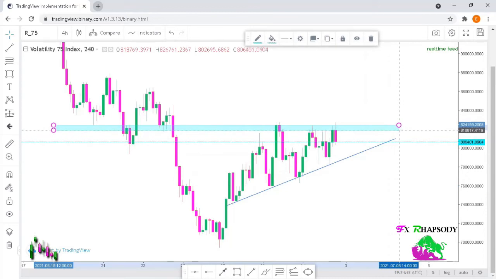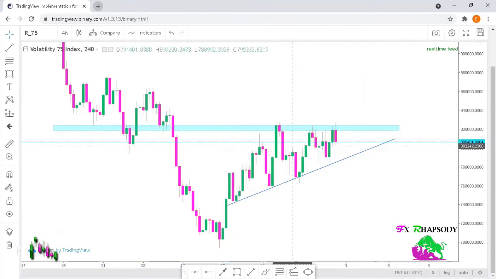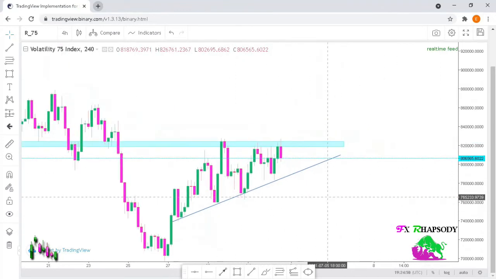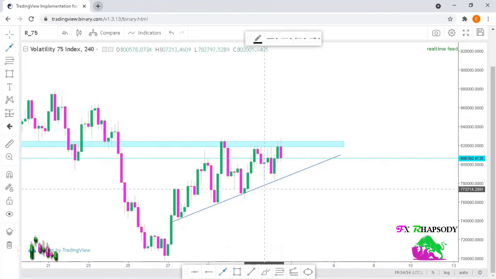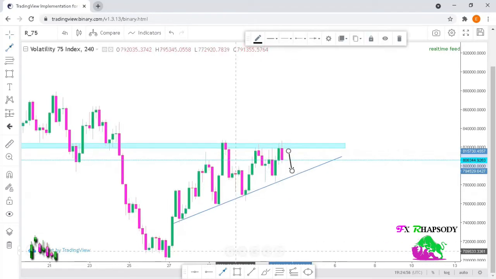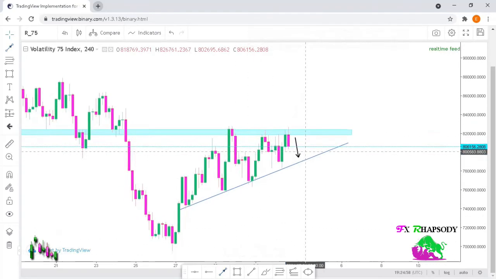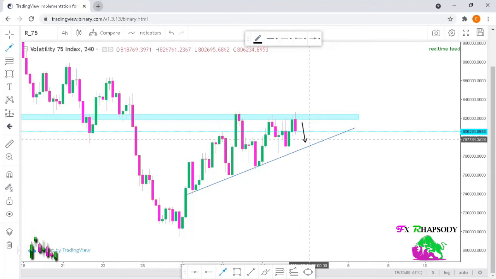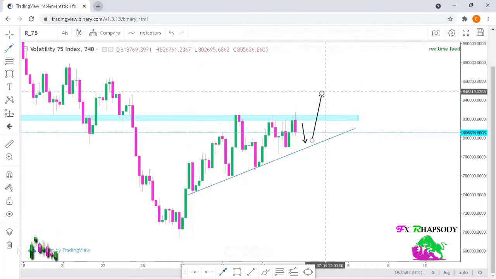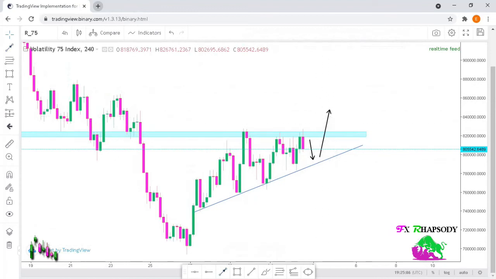Currently what we're seeing is that the price is in this rising triangle. What we want to see, especially with a big movement on volatility index, is that it might still bounce up and down in this area until, what I'm expecting, it breaks to the upside, comes back, and retests this area over here.